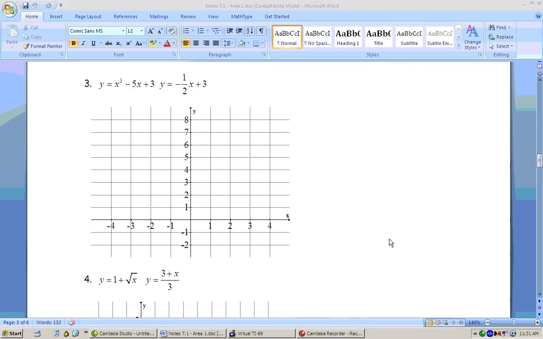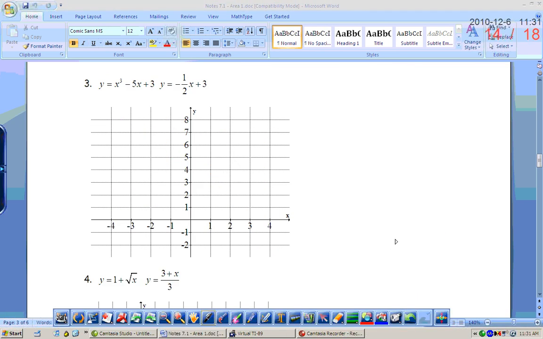All right, start graphing number 3 on your calculator. Okay, this is not a perfect graph, but you kind of get the picture.